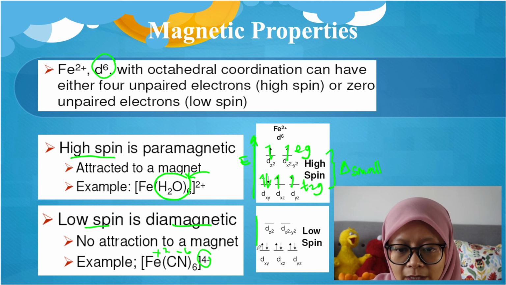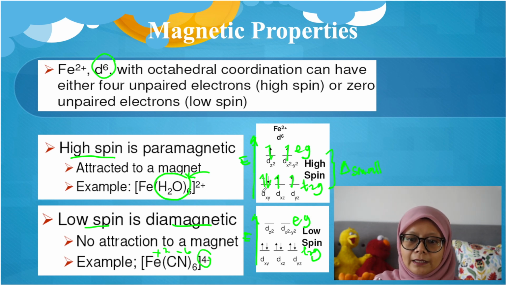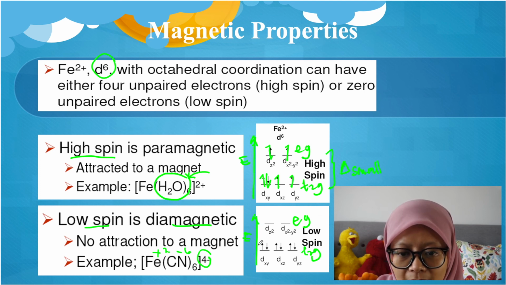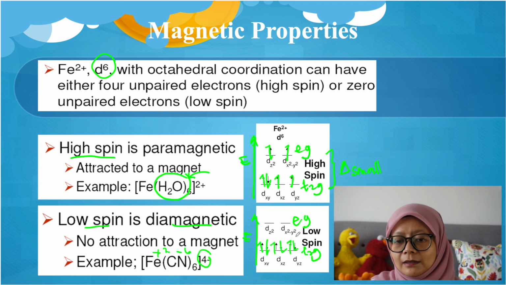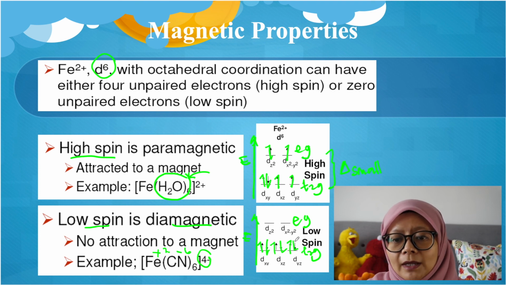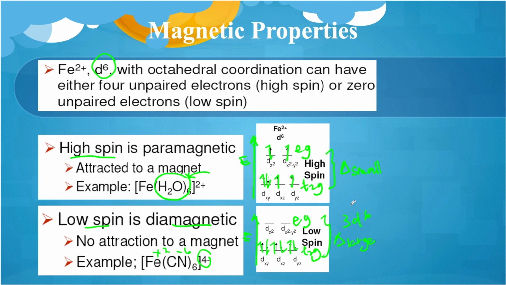If you want to draw the diagram, first of all, don't forget the energy axis, then this is the t2g and this is eg, and we have 3d6. First thing you need to fill up is 1, 2, 3, 4, 5, 6, because this one has a lower pairing energy compared to overcoming the delta. Because the delta here is large, it's not easy to jump from t2g to the eg, right?